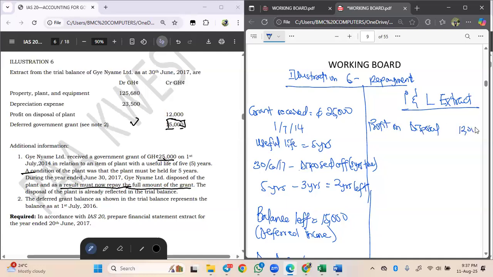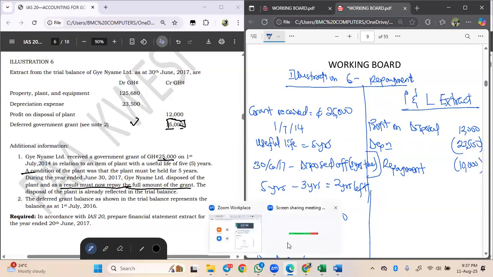So this one is a positive figure. Depreciation, they've already calculated. Depreciation expense is what? 23,500. Now the repayment will come in, the excess repayment. Depreciation is negative, excess repayment will be negative 10,000. What item again? Then we go to the statement of profit or loss.